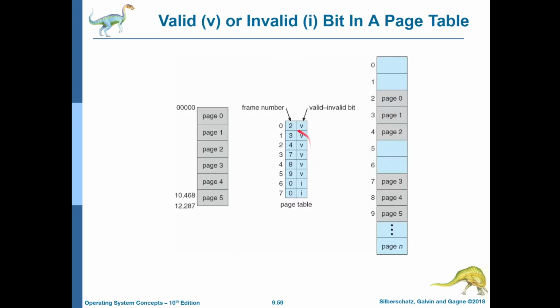So here we have a process's logical memory with 6 pages, 0 through 5. We can see here that page 0 is valid and it references frame number 2. This is true for 0 through 5. All of them are valid.